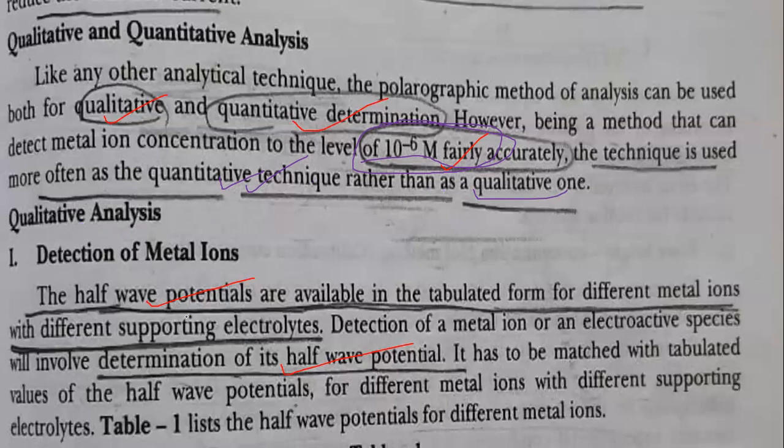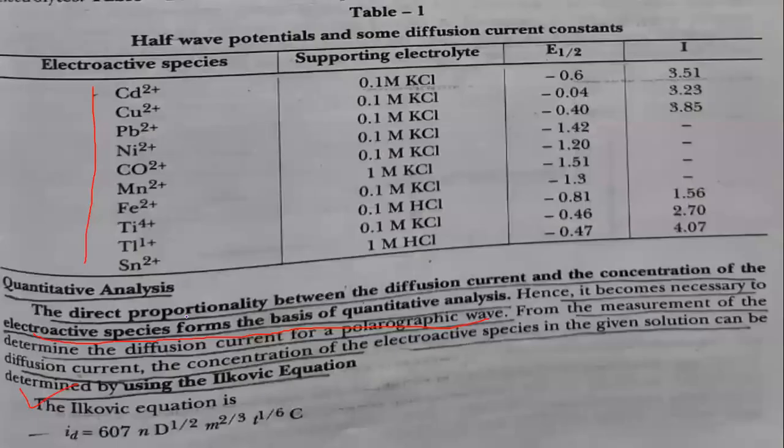Most of the metals have reported half-wave potentials. If you carry out the analysis under the same conditions and try to match the half-wave potential with the tabulated values present in the literature, you will get the idea.